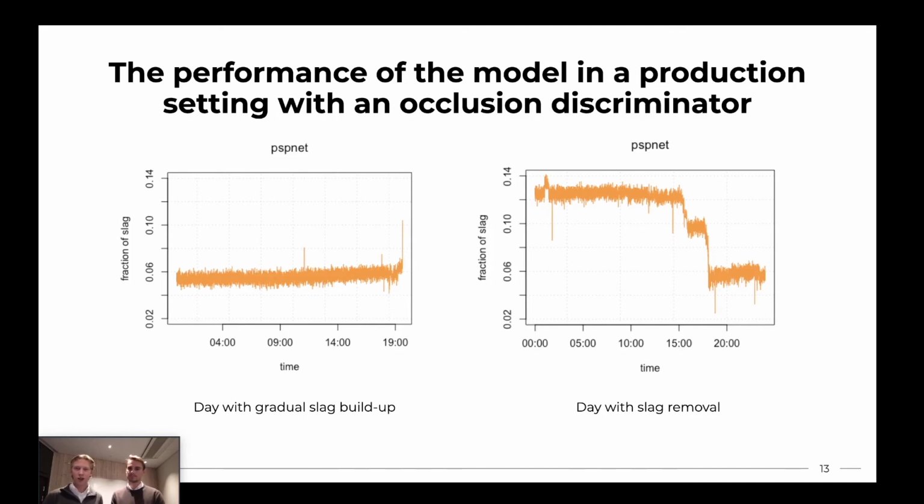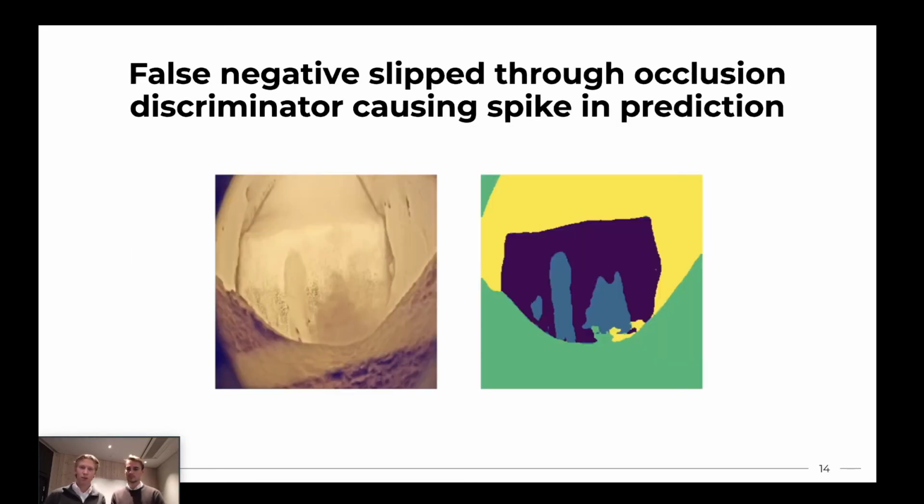What we can see here is that it has a little bit of variance between approximately 4.5 to 6% in the figure to the left, and it also has these spikes that we have highlighted. So we wanted to see why these spikes are present. And what we found was that it was actually occlusions that had slipped through the occlusion discriminator, like this one, which is one of the spikes in the previous figures.